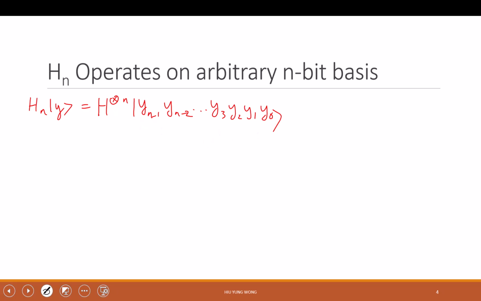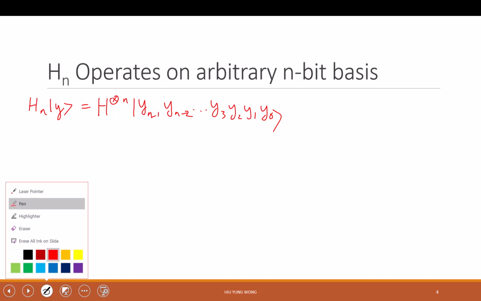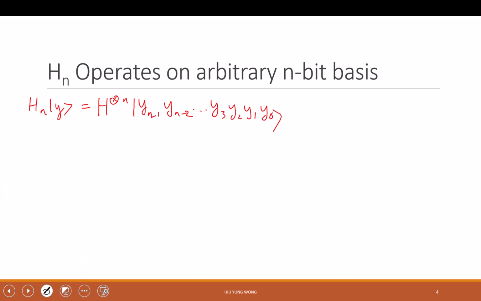And it's in binary. The easiest way to understand this is to look at an example. For example, n equals 4, and then y equals 9. This is a decimal number. So how do I write y in binary form? It is equal to 1001.